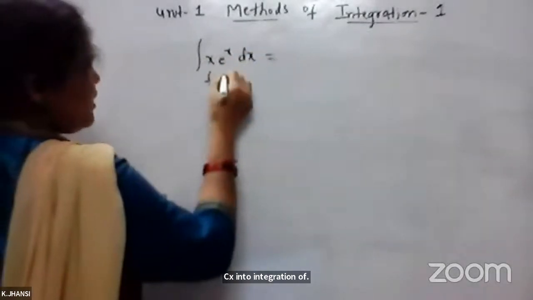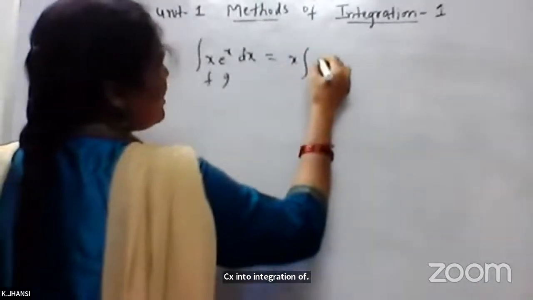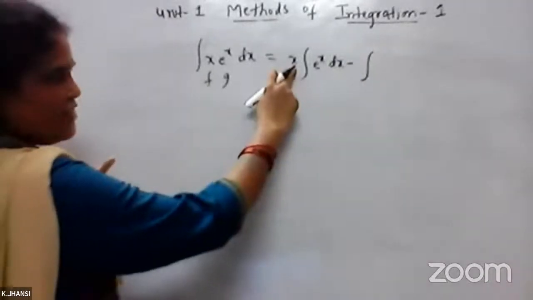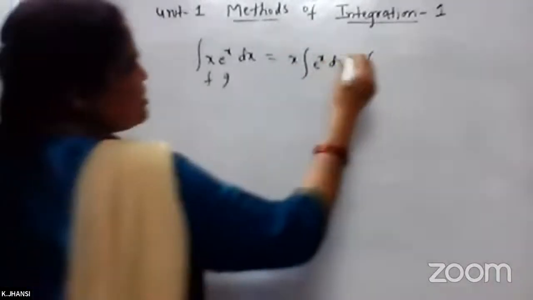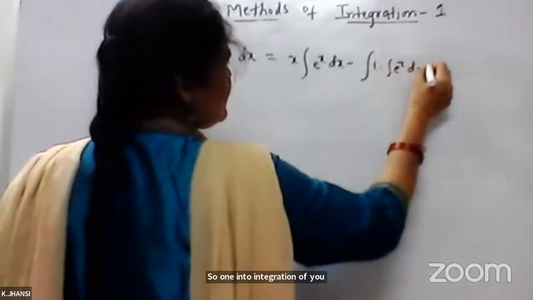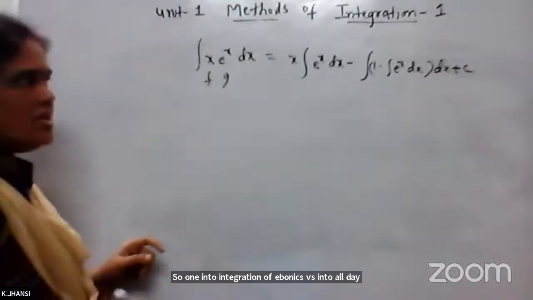So this is f and this is g. So x into integration of e power x into dx minus integration of, what is x differentiation? X differentiation is 1. So 1 into integration of e power x dx into whole dx plus c. Okay, this is our formula.